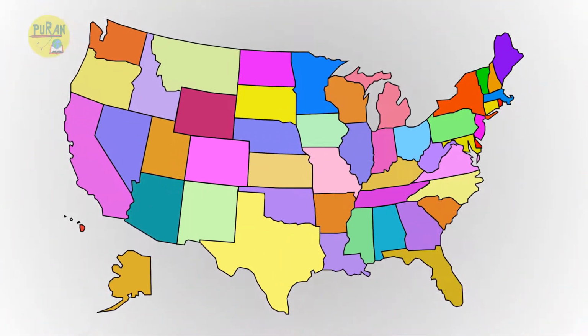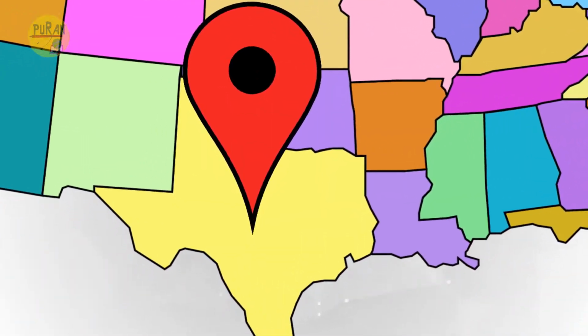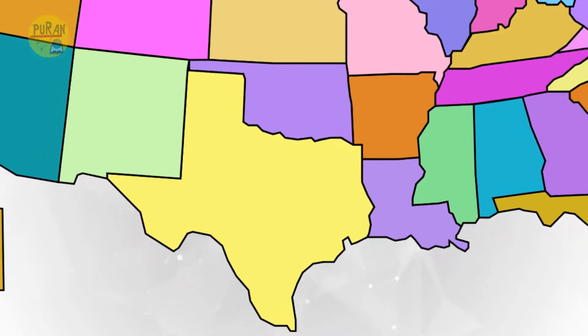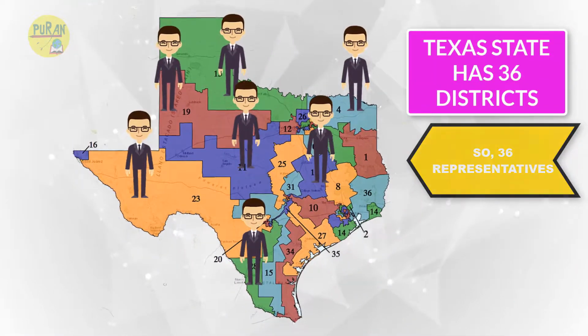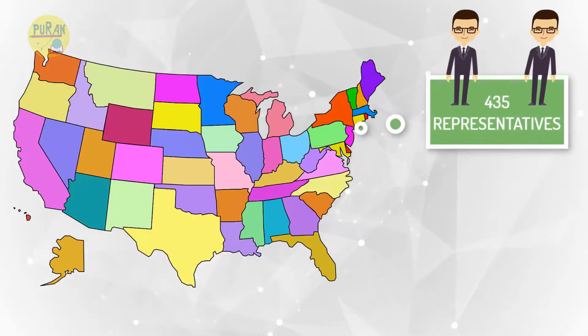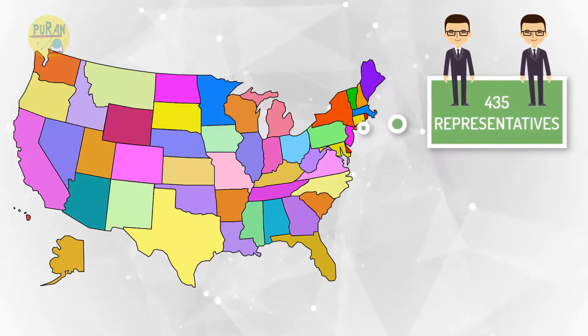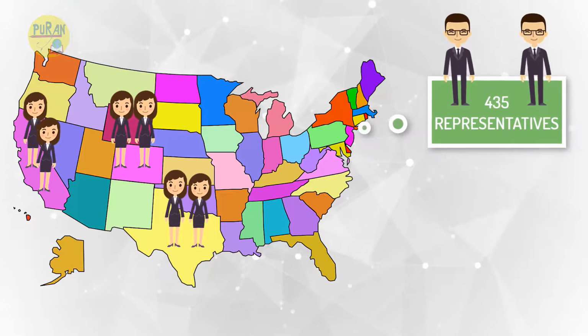Well, each state is divided into districts based on their population and each district has one representative to the House of Representatives, the lower house. Currently, there are total 435 representatives in the US and every state has 2 senators irrespective of population.